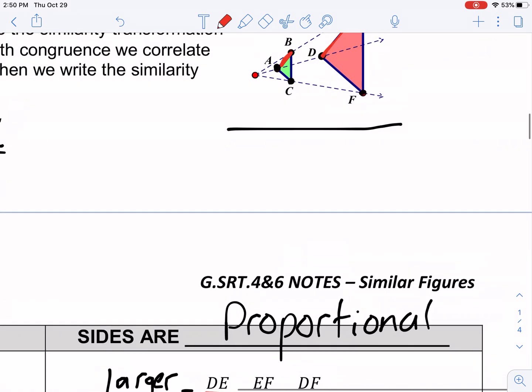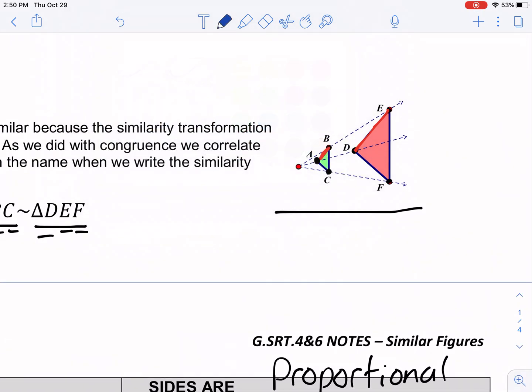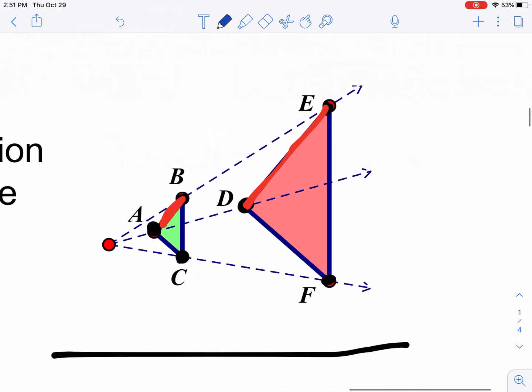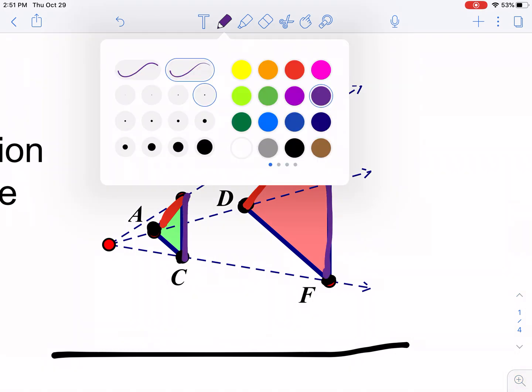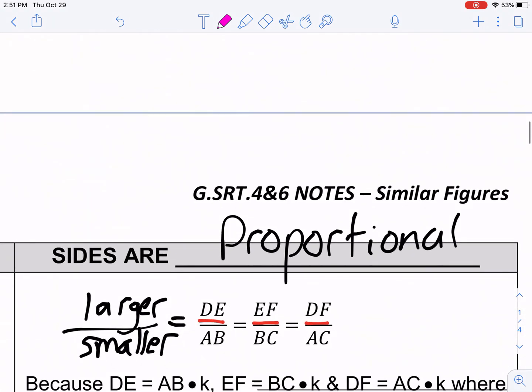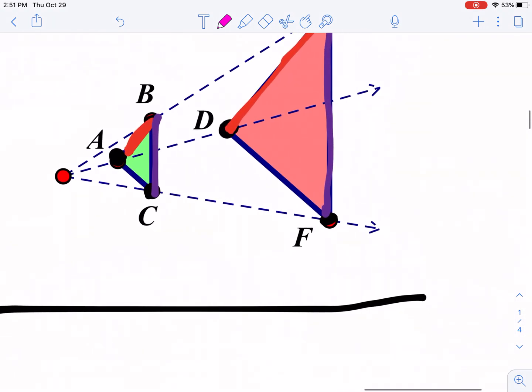For instance, the next one is EF and BC. Let's keep the same order here, so DF and AC.